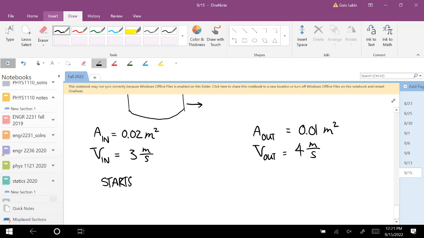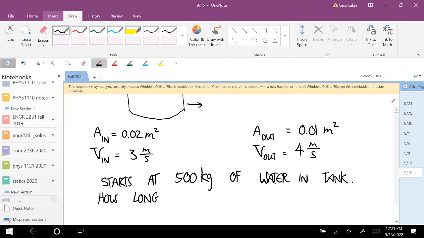And let's say it starts at 500 kilograms of water in the tank. How long until there's 5,000 kilograms?